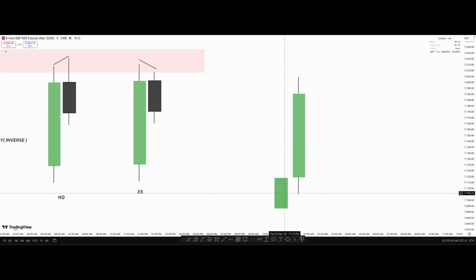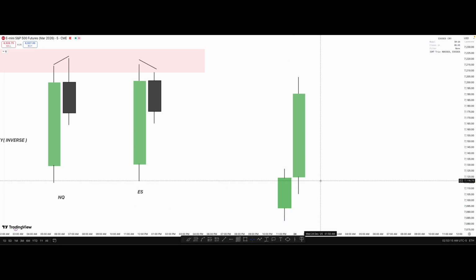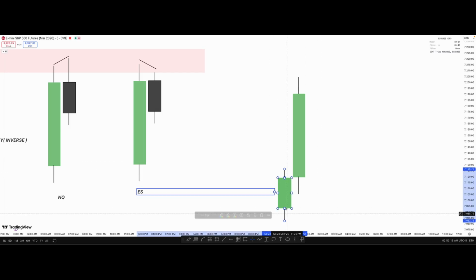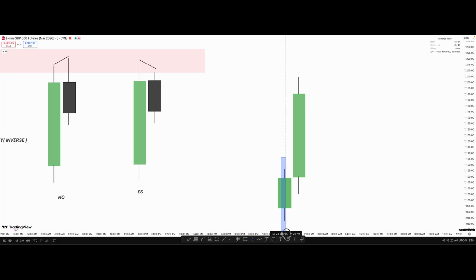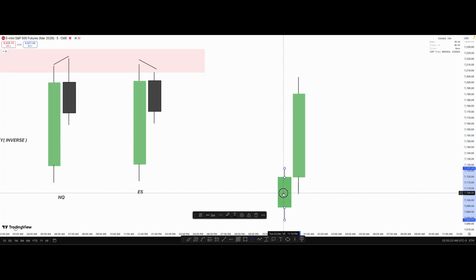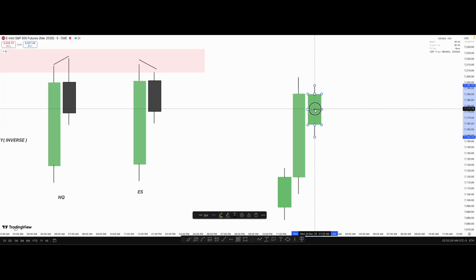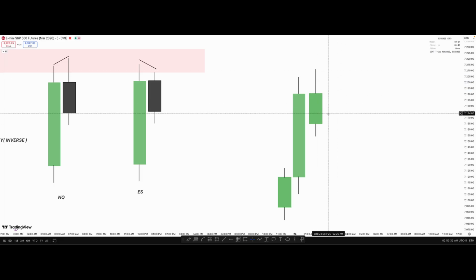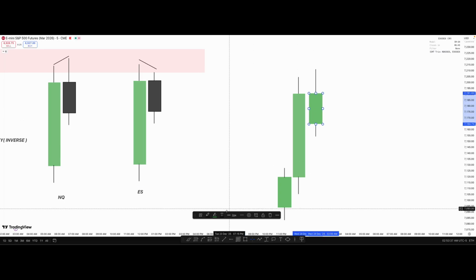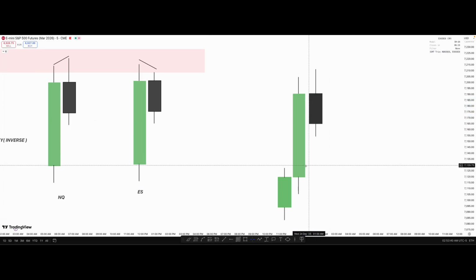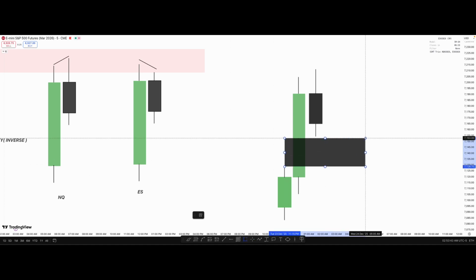Another move, leaving behind a fair value gap. This is what I mean. During SMT, whenever the price takes out a high, it leaves behind a fair value gap, something like this. This is a bullish fair value gap, isn't it?